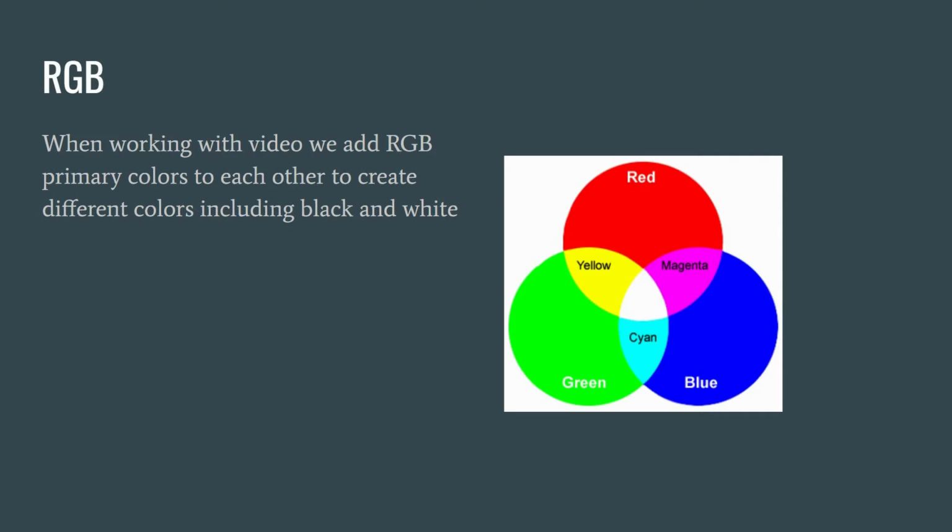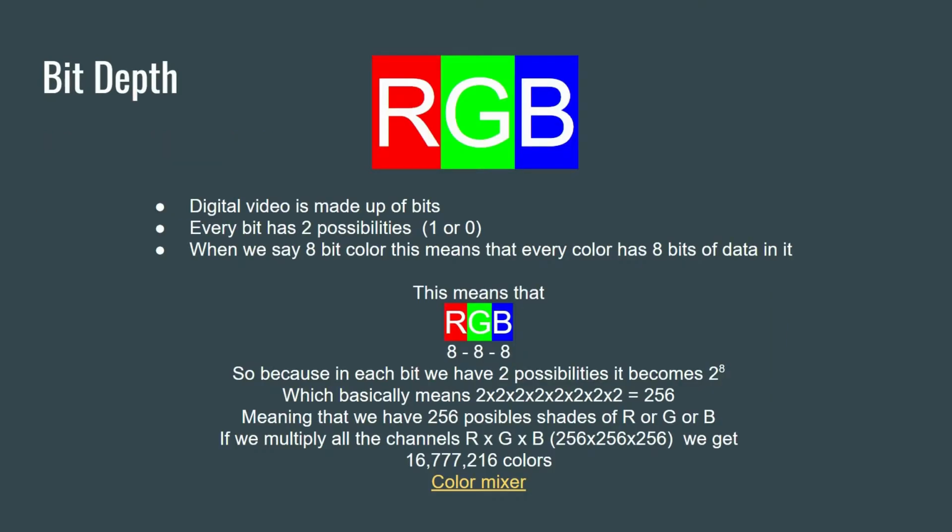I'll explain this a little bit further in just a bit, but I need to cover one more thing. Bit depth. Now, don't focus on this too much for now, but let's just understand that the smallest measurement of data in a computer world, in a digital world, is a bit.